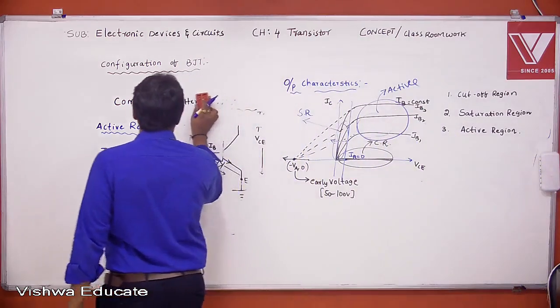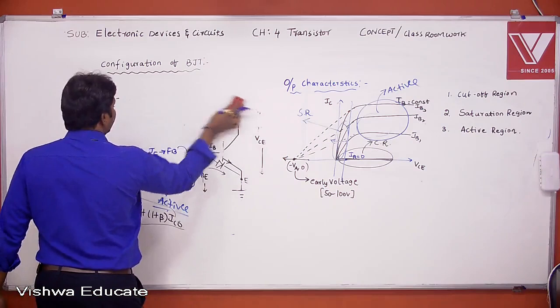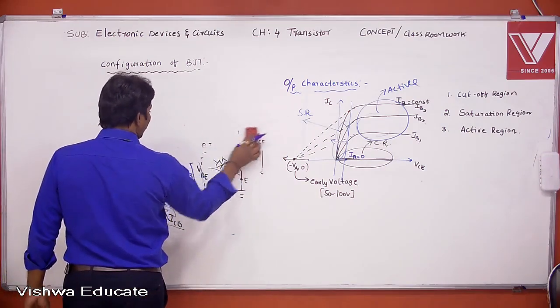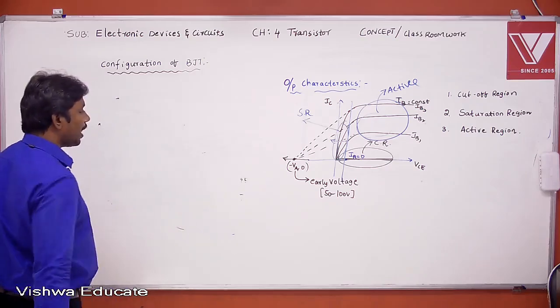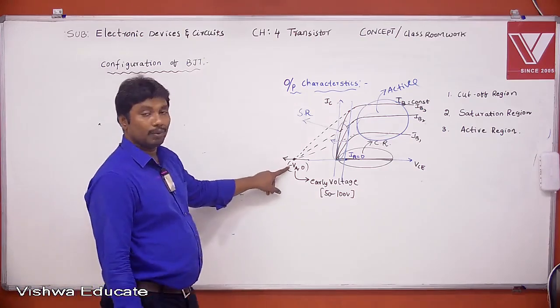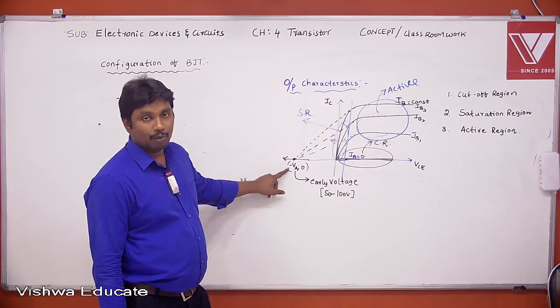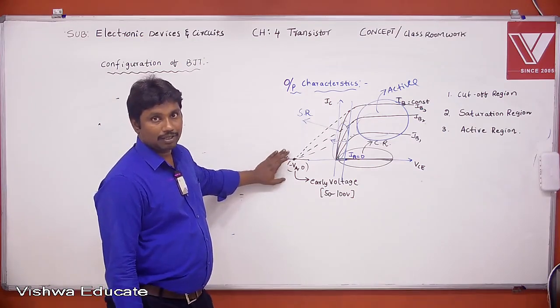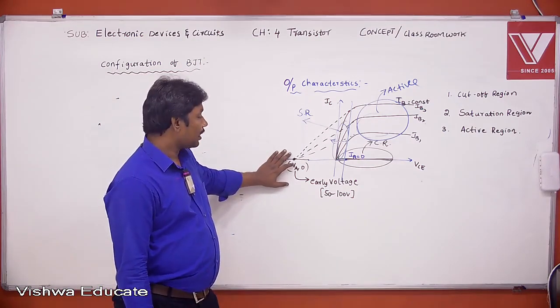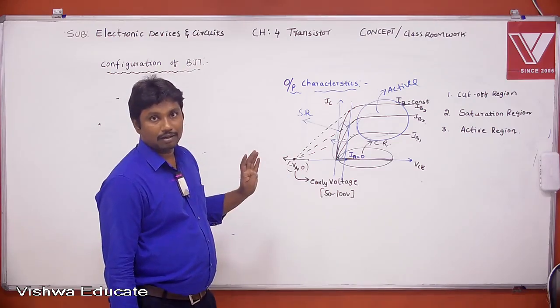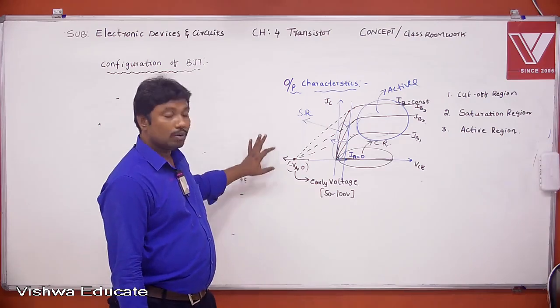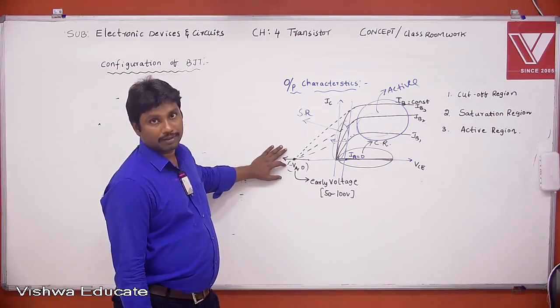In case of common emitter configuration, the output characteristics are extended backward up to what point? The early voltage. This early voltage is used for calculation of IC when VCE changed, and also calculation of the output resistance.